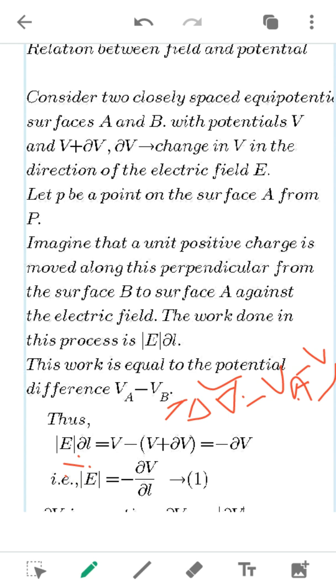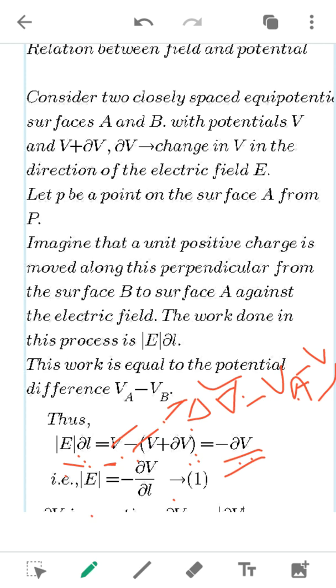For VA, the potential is taken as V, and for VB, as it is within the bracket, we take the potential V plus delta V. Here plus V and minus V get cancelled out, and the minus is multiplied with delta V. So the answer we get here is minus of dou V.